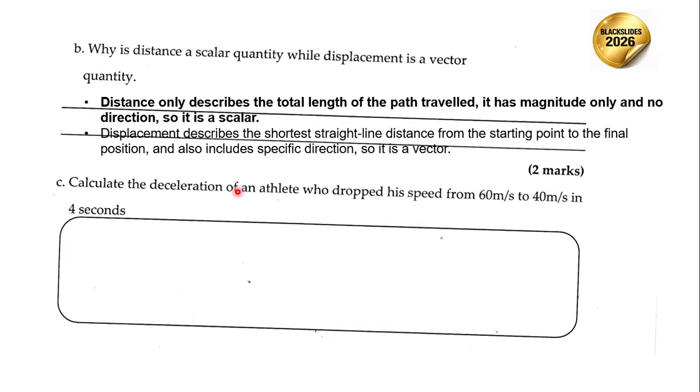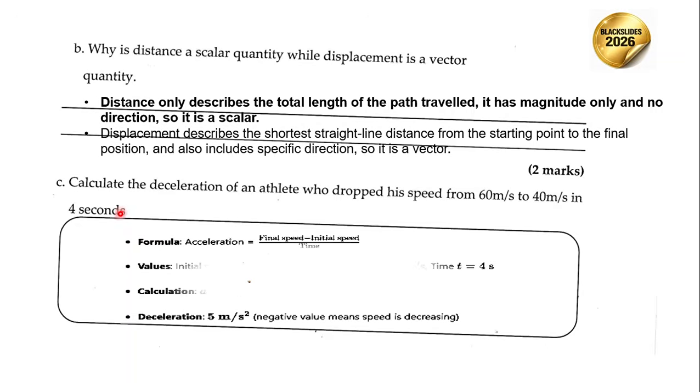Calculate the deceleration of an athlete who dropped his speed from 60 meters per second to 40 meters per second in 4 seconds. Alright, so the formula for acceleration is just the same as deceleration. Remember, deceleration means slowing down, but it is still acceleration anyway.